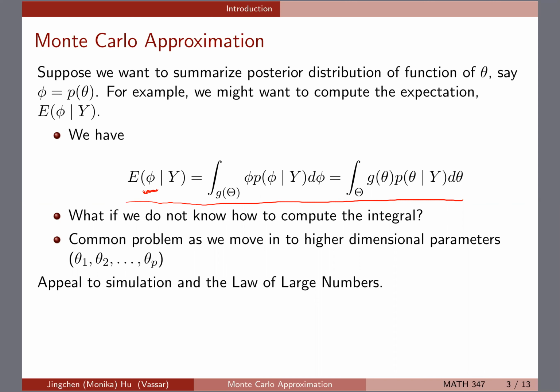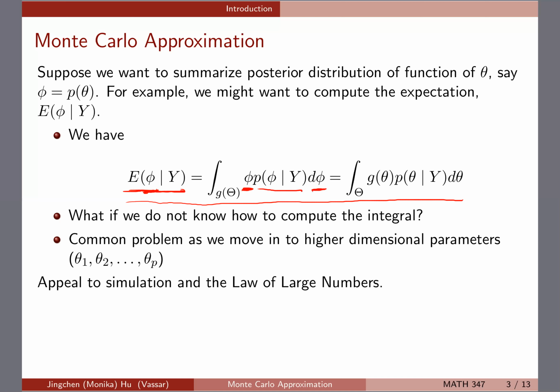Analytically, the way you should do it is a transformation of variable. Because we're interested in this function of theta, which is phi, first of all, the expectation is the random variable multiplied with the density, and then you integrate out that unknown variable.